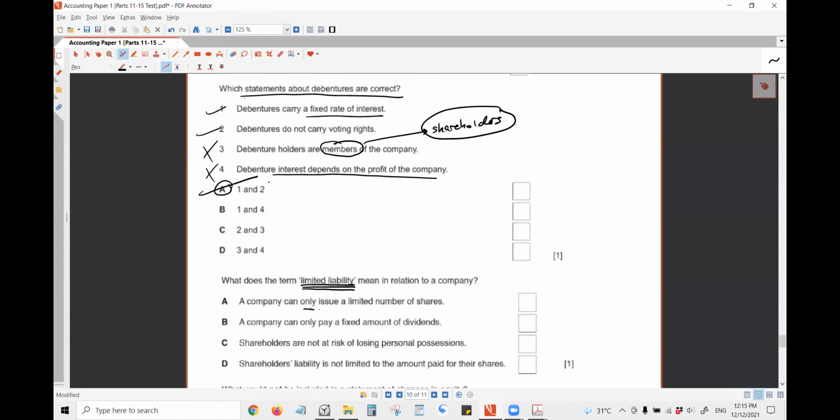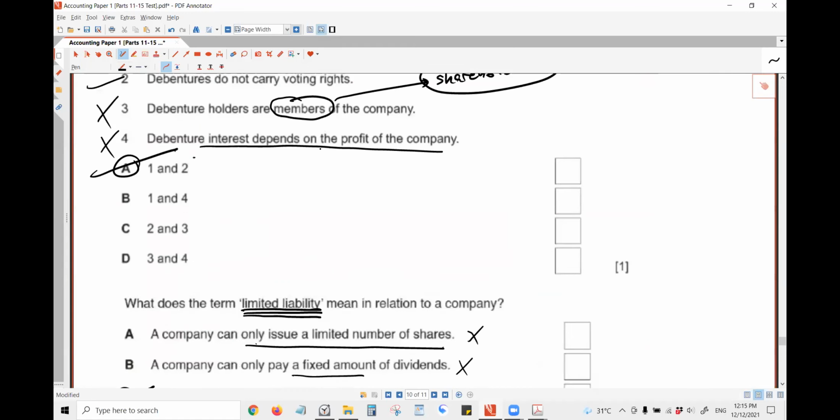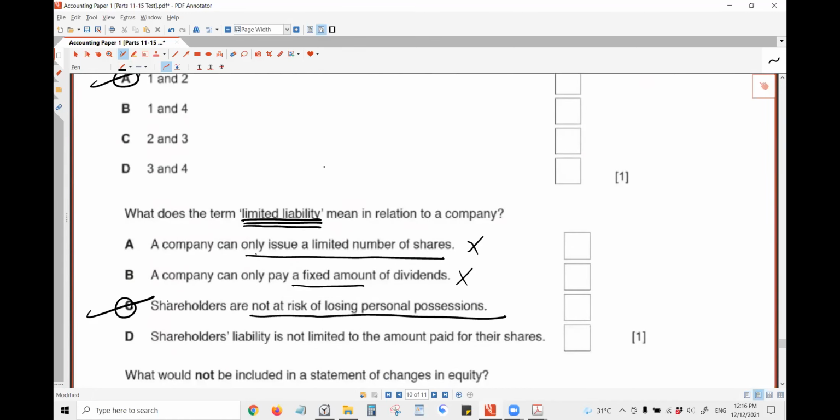Company can only issue a limited number of shares? No, not linked to the limited liability. Fixed amount of dividend? No. Are not at risk of losing personal possessions, the things that they own personally. Possessions means the things that you own. That means however much money they have spent in buying the shares, that's their maximum loss.